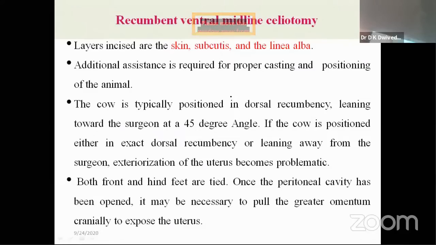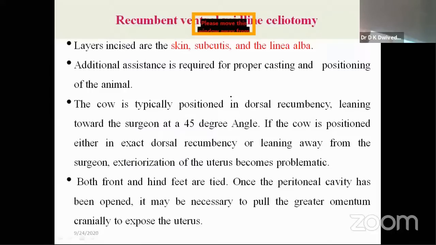You have to place the animal in dorsal recumbency and slightly tilt the animal approximately 45 degrees towards the surgeon, so that after opening the abdominal cavity, the surgeon can easily exteriorize the gravid uterus.